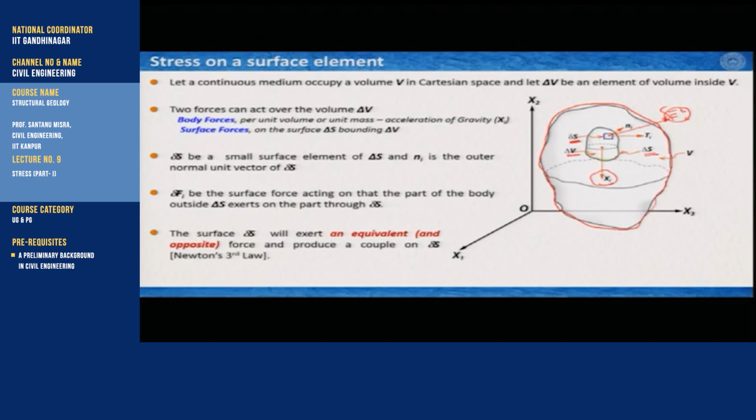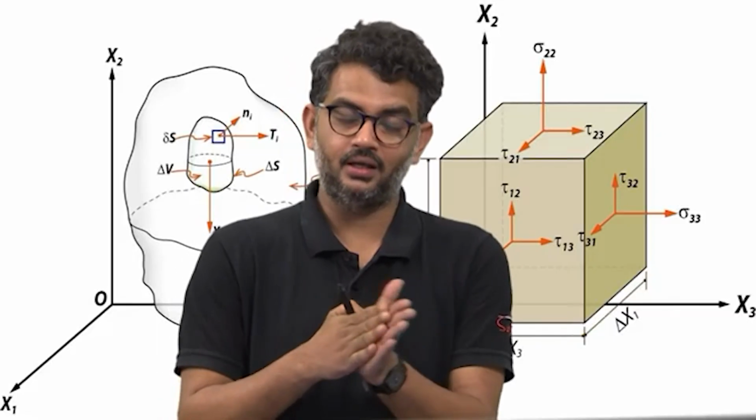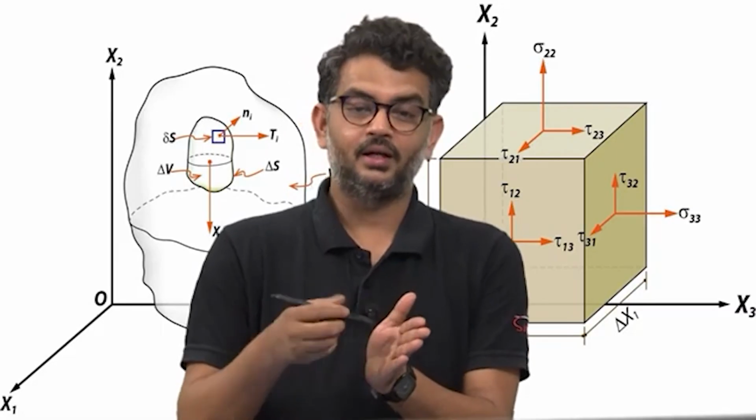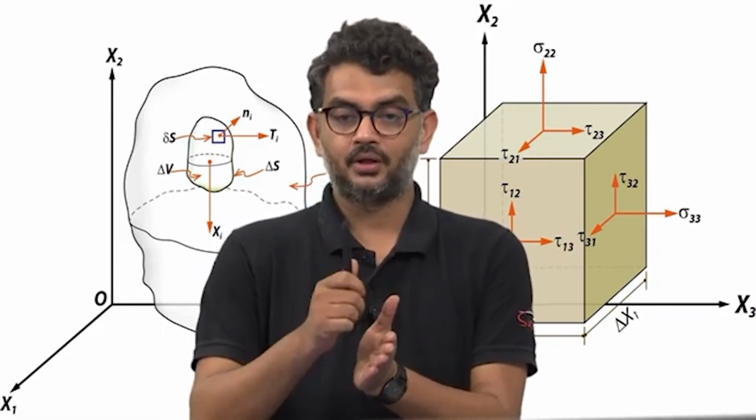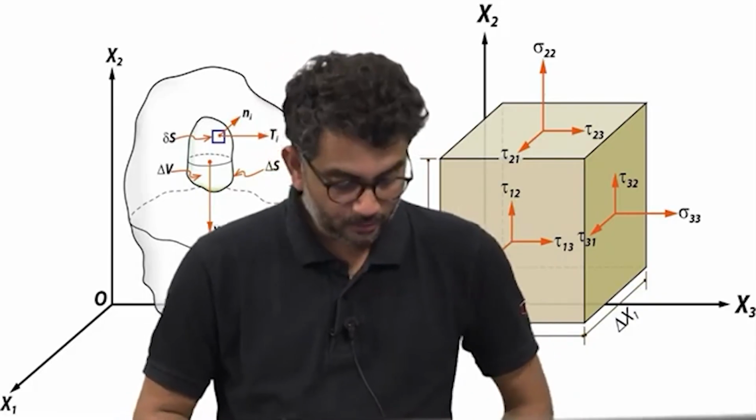Now, what is this i here? Like as we said, this n i is the unit normal vectors. So, if I consider any surface or any plane, then it must have 3 unit normal vectors parallel to the coordinate axis, right.